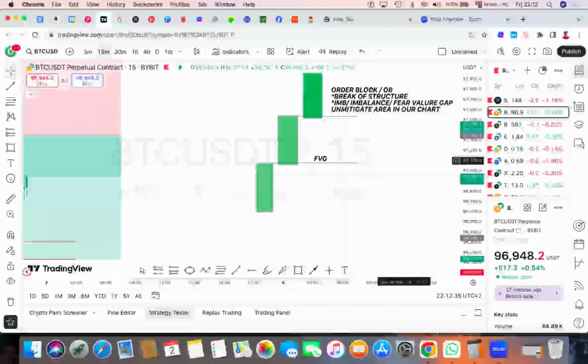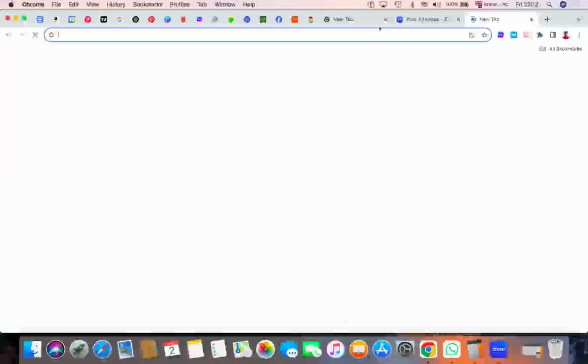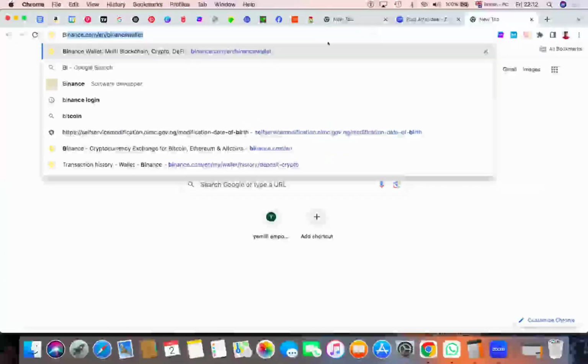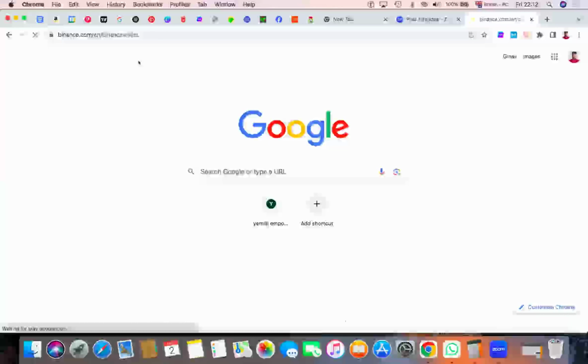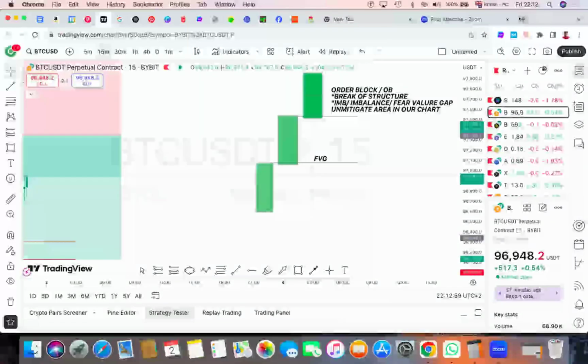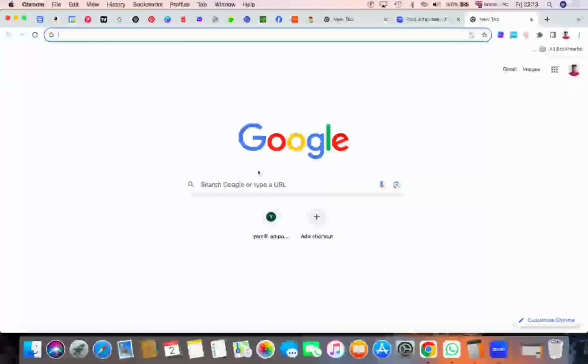Let me go on Binance, even though I won't be logging in, I'll just show you. I wanted to show you an order book, so let me search for it.